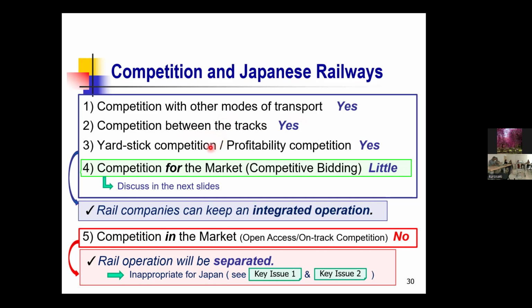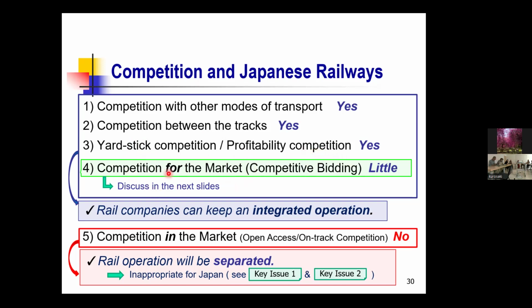This type of competition works to improve efficiency and provide better services. Thirdly, yardstick competition or profitability competition. The regulatory authority measures the efficiency of railway operation within similar types of railways. Of course, managers of the companies are very eager to improve the profitability of their company.